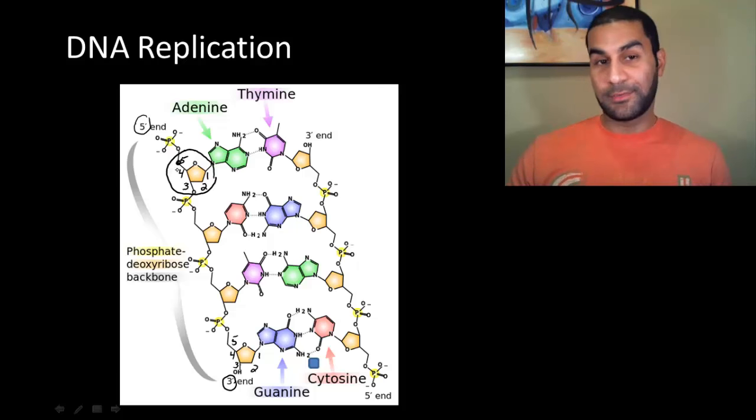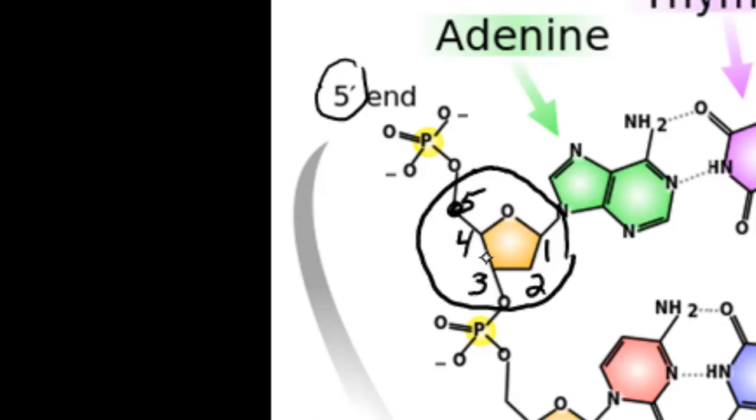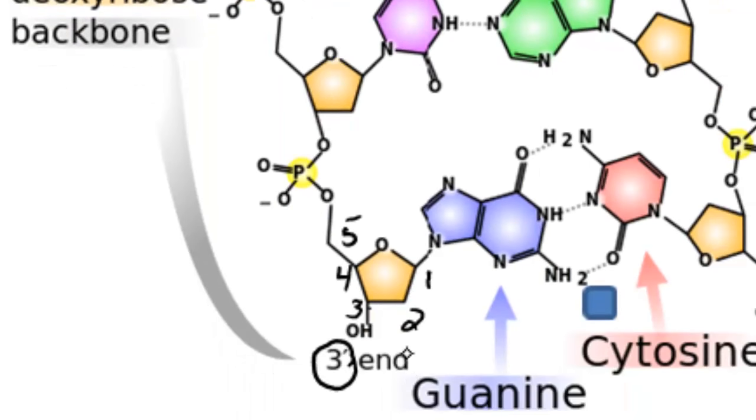Another way to think about it: if the 5th carbon is closest to the end, then the phosphate will bond to it as well. The phosphates of the nucleotide are bonded between an oxygen from that phosphate and that 5th carbon. So if you see a phosphate at the end of the line, that's what we consider the 5' end because it's connected to that 5th carbon closest to the end. If you don't see a phosphate at the end, but you see a sugar at the end, that means the 3rd carbon is where you're going to try to bond to that previous phosphate.